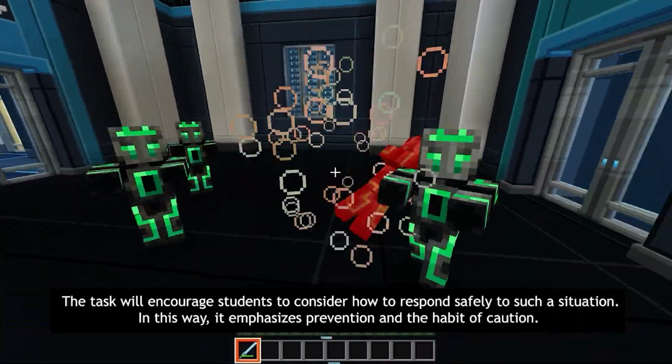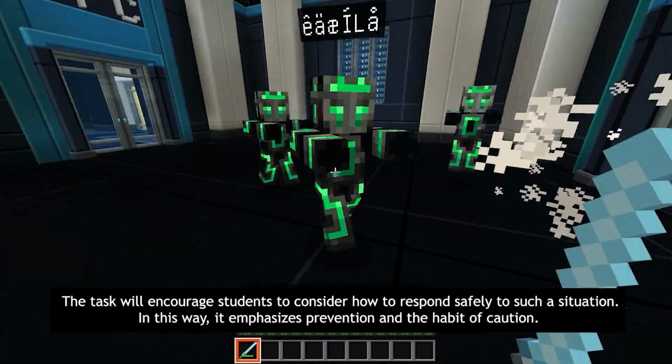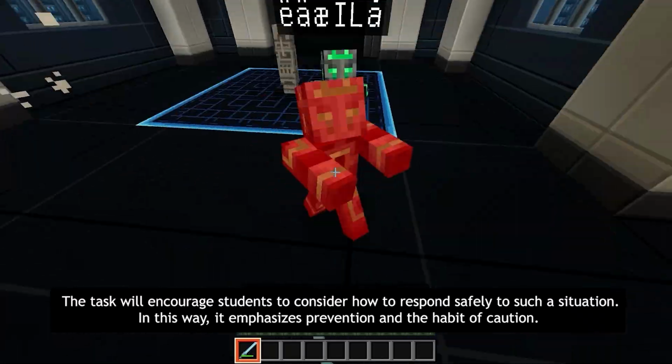The task will encourage students to consider how to respond safely to such a situation. In this way, it emphasizes prevention and the habit of caution.